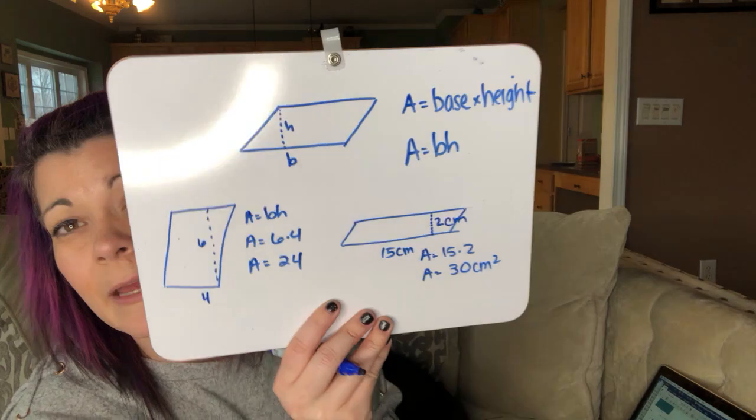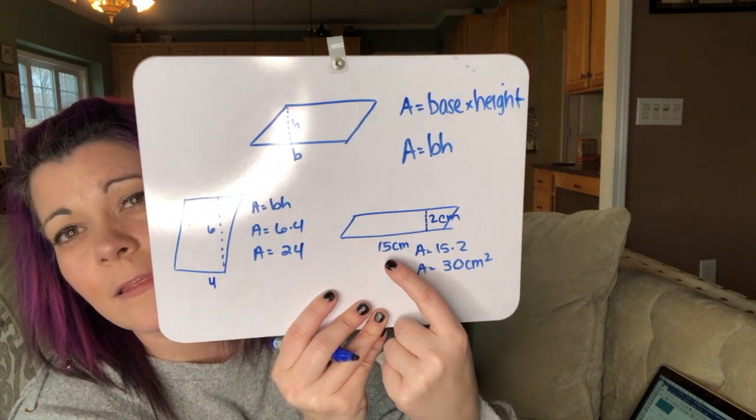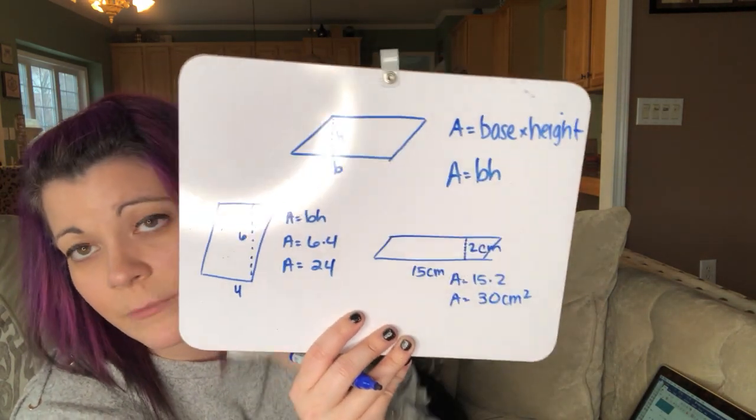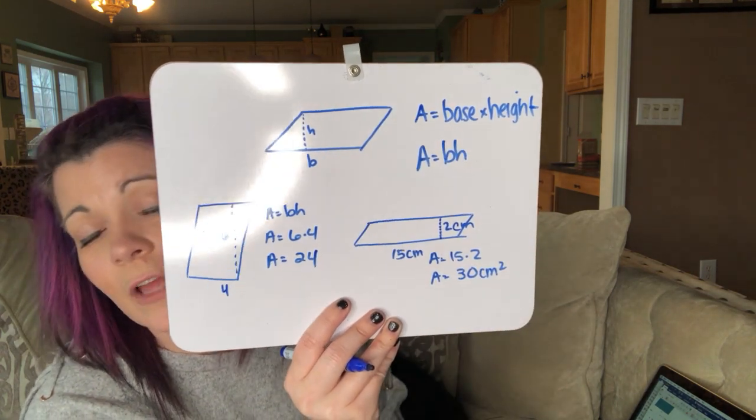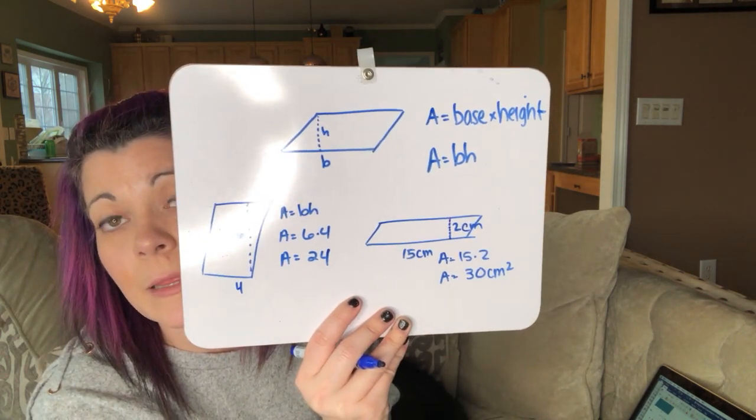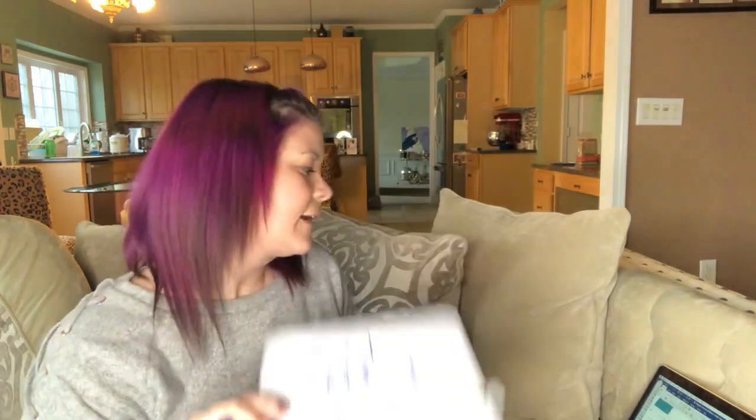Okay, and if we do units, all your units are always going to be squared. Area is in squared units. So if I said this was 15 centimeters and the height was 2 centimeters, then my area is 30 centimeters squared, because all area is in square units. Okay, so that is the area of a parallelogram, just base times height.